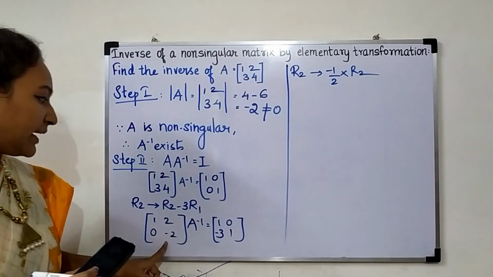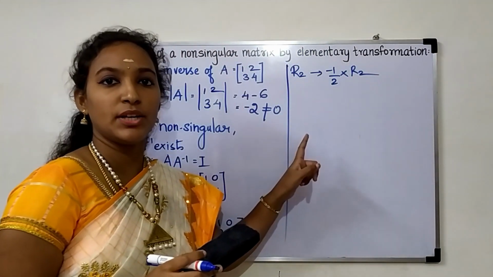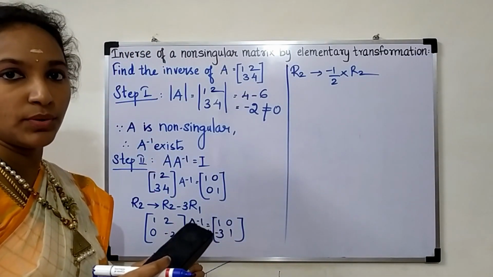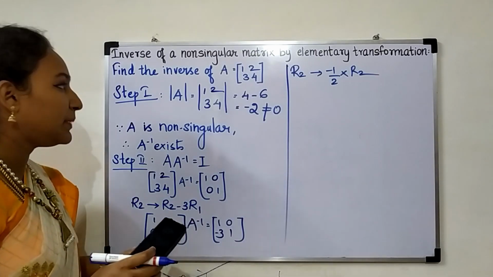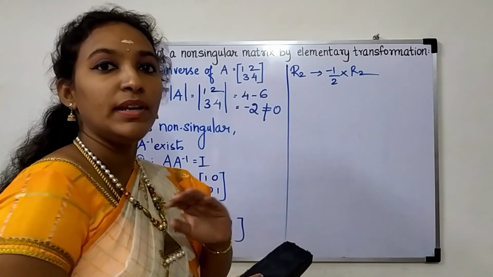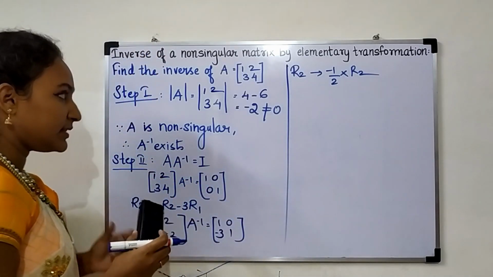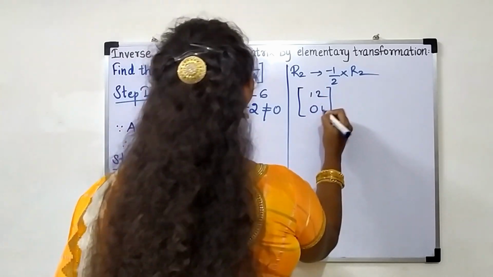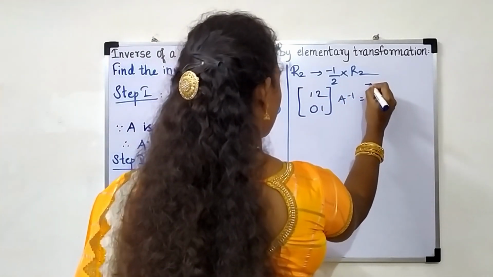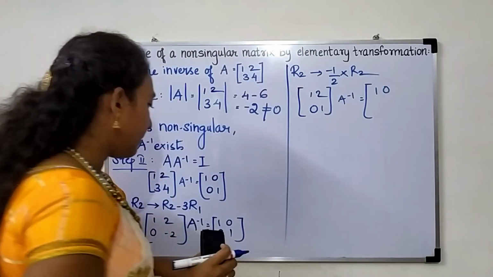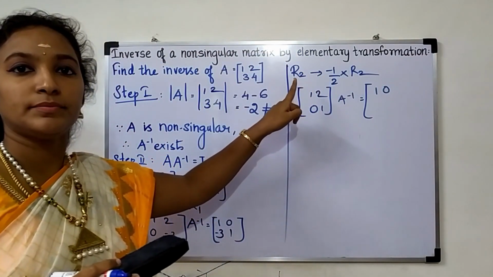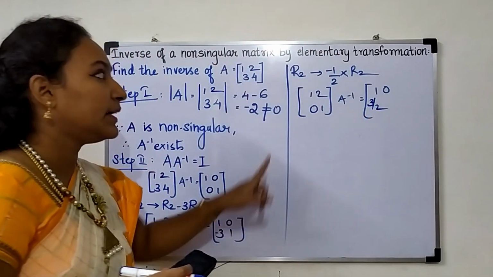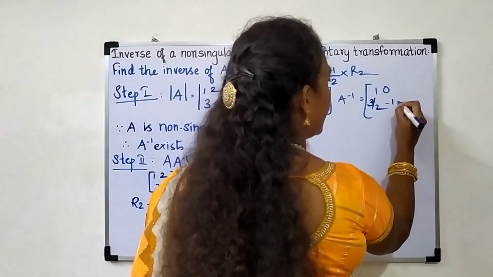Okay, minus 2 multiplied with minus half will give you 1 because this is the inverse of minus 2, the multiplicative inverse. Multiplying R2 with minus half will not give you any change in this 0. Okay, so write 1, 2, 0, 1. A inverse: 1, 0, minus 3 multiplied by minus 1 by 2 will give you 3 by 2 and 1 into minus 1 by 2 is minus 1 by 2.